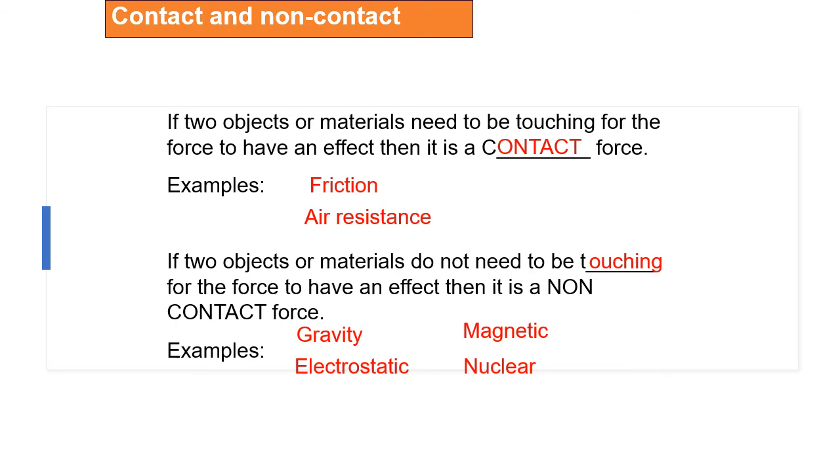And now I'm going to ask you about a couple of slides back. When I had asked you for the examples of forces, I had given it as two separate bulleted points. And I asked you, can you see a pattern? Can you see a reason why I have linked some forces together in one bulleted point?